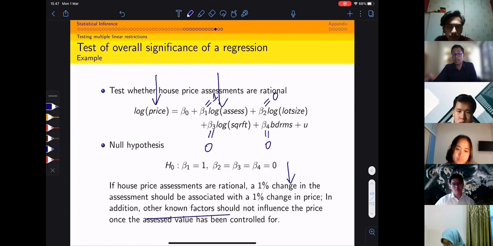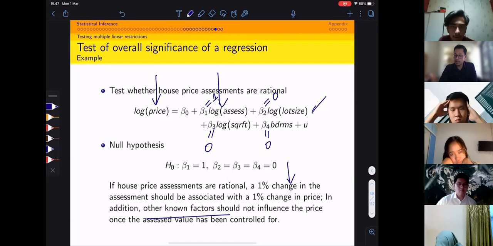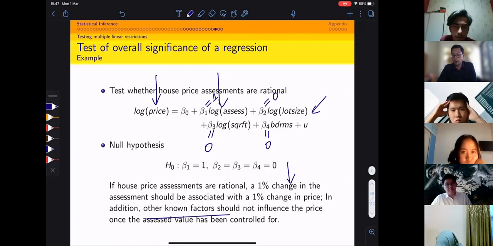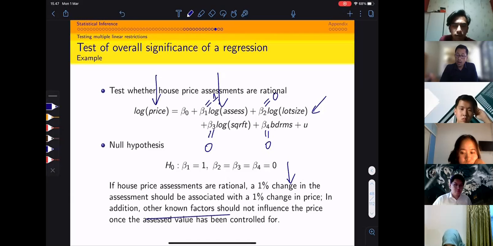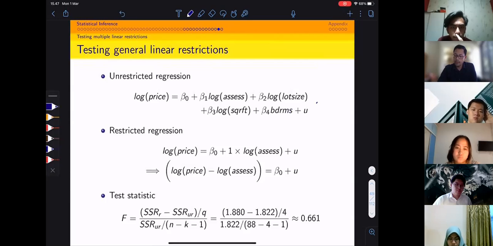So that's what we're interested in, okay? And so how do we do that? Well, the same thing. You have the unrestricted model, which is this, and then you have the restricted model. What's the restricted model? Well, it's log price equals beta 0 plus log assessment, and then 0, 0, 0, and then the unobservable. That's the restricted model, okay? So you have the unrestricted model, you have the restricted model, and from the test statistic you get the F test.